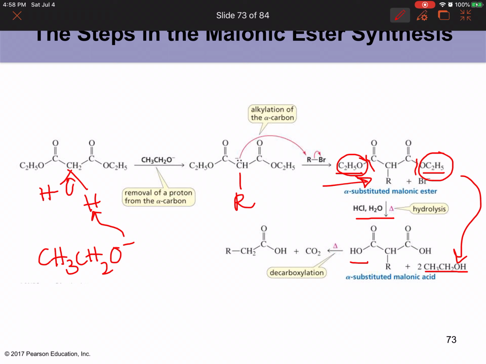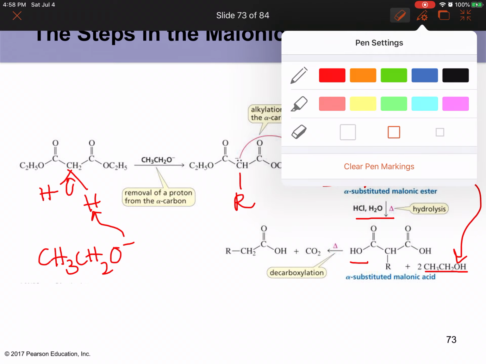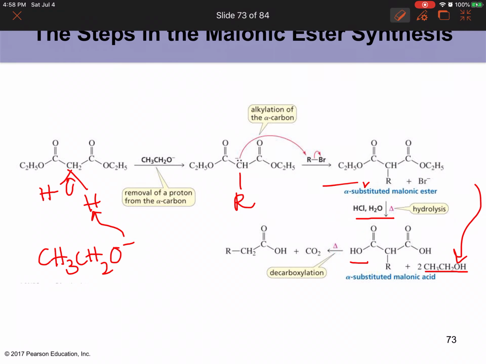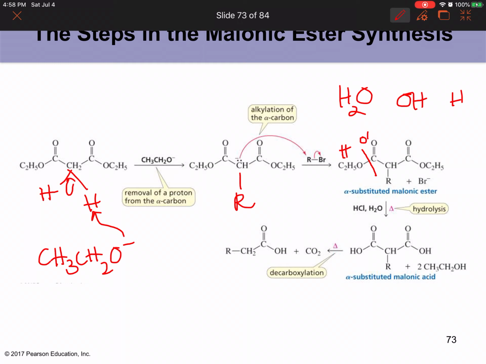So basically what's happening during the hydrolysis is you're going to break this bond. Hydrolysis means you're adding a water molecule, H2O. It is OH and hydrogen. So it breaks here, H goes to this side, OH goes to this side, so it becomes COOH, COOH.